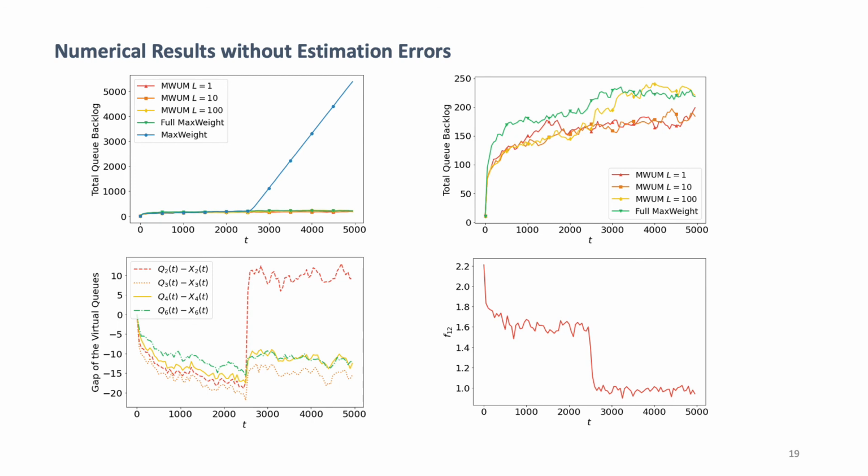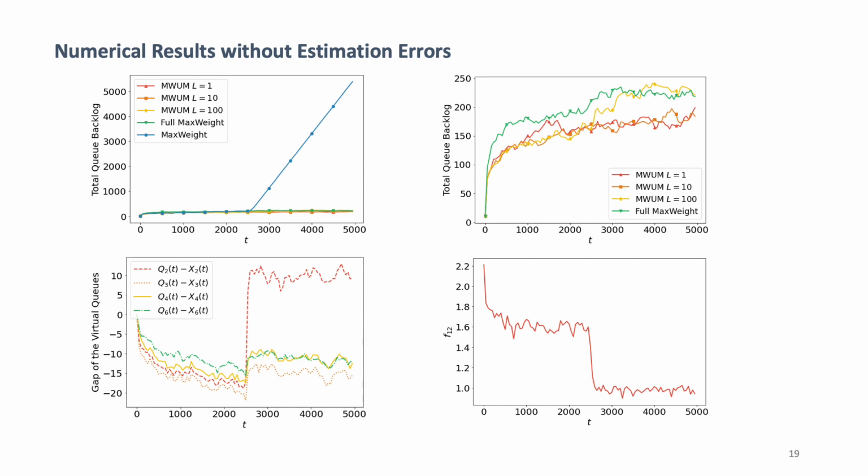Here are the numerical results of our algorithm when there were no estimation errors. The top left figure shows that the traditional max weight algorithm cannot stabilize our network. If we take a closer look into their stabilizing policies, we can see that they all perform pretty well.